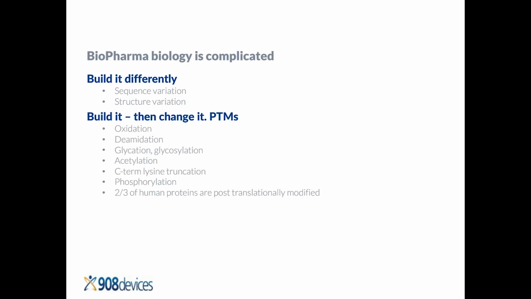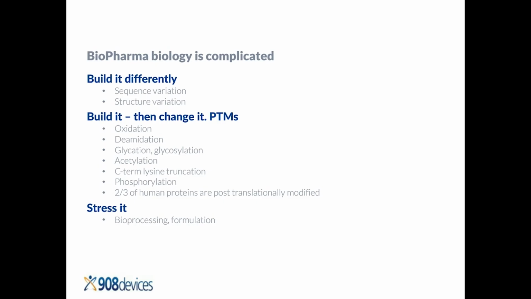We have post-translational modifications that can happen for a variety of reasons that we have to both characterize and monitor as potential critical quality attributes. And then we have to stress it in order to make sure that these things aren't changing in a way that is detrimental or causing an effect to the immunogenicity, and that our molecules are safe.